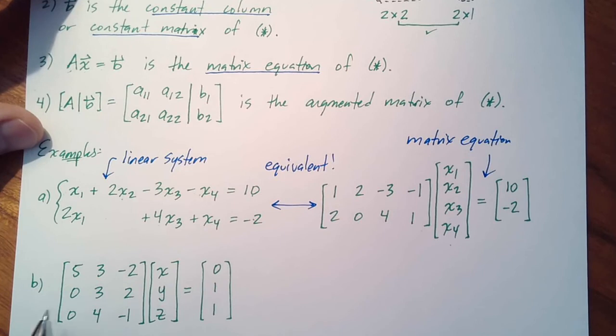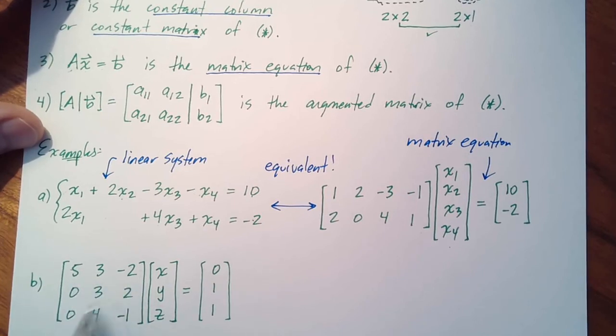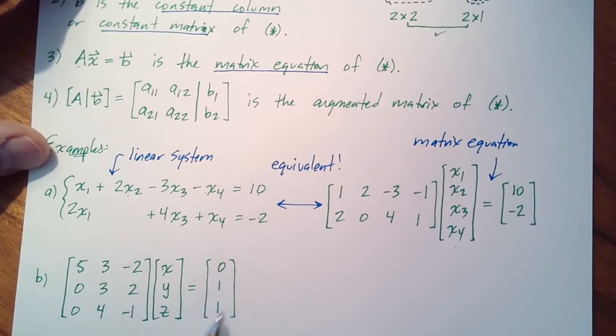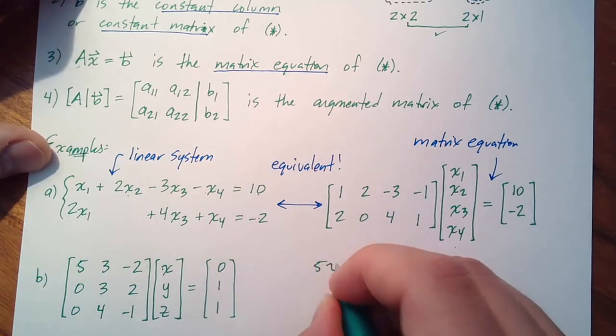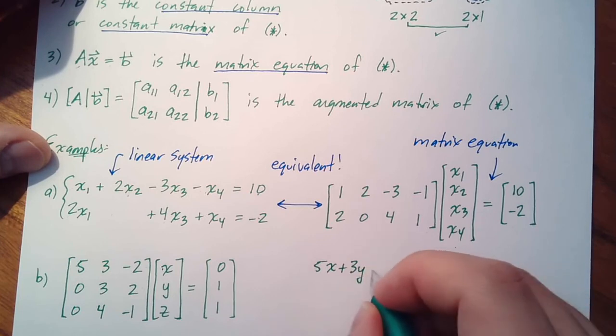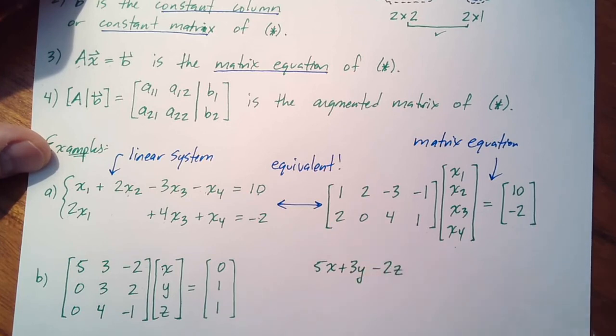So, well, how many equations am I going to have? Well, there's one equation for each row of the coefficient matrix, and I know what the variables are going to be. They're going to be x, y, and z. These are the coefficients in each of the respective equations, and these are the constant terms. So the first equation is going to be 5x plus 3y minus 2z, right? I'm taking this row and I'm multiplying it by this column, and that's going to get me this entry. It has to equal 0.